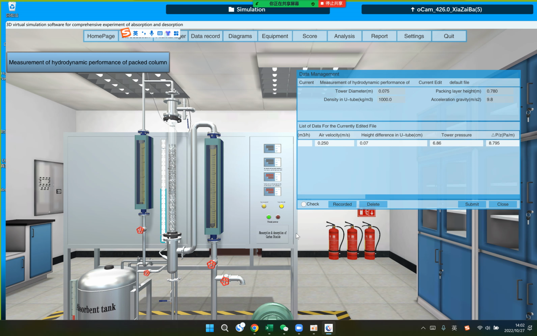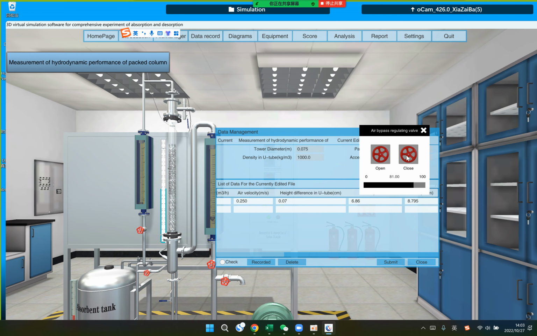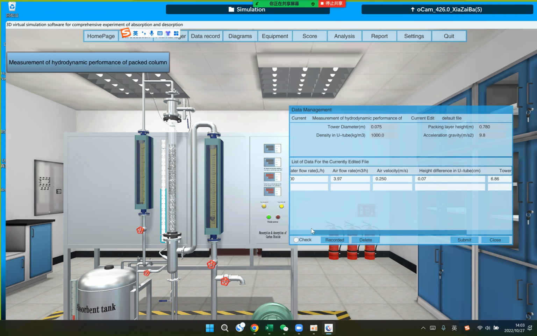So we simply decrease the opening for the bypass and in that case increase the flow rate in the system. And here we record.